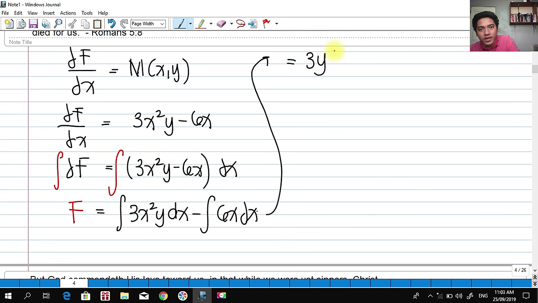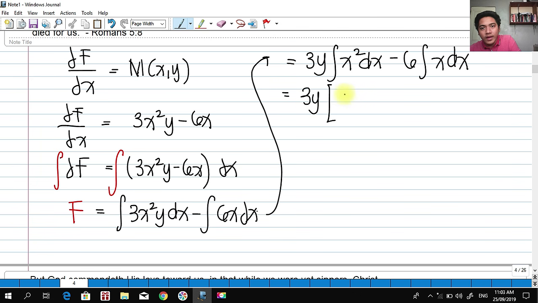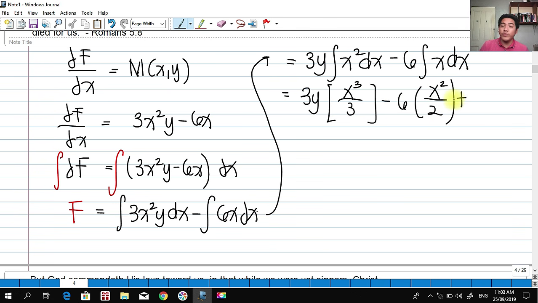So we have 3y integral of x squared dx minus 6, I can factor out 6 because that is a constant, x dx. So integrate. So we have 3y times x cubed over 3, that's the integral of x squared, minus 6 times x squared over 2. Okay? Plus, of course, when we do integral, we have a constant.